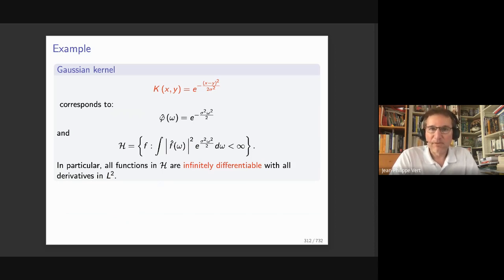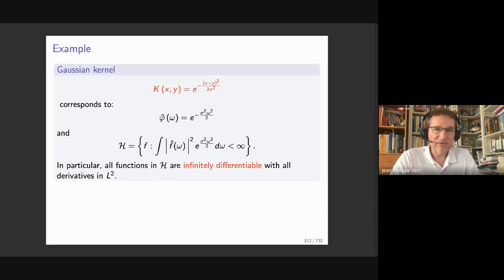All right, so phi hat of omega is positive, so phi of x is indeed the Fourier transform of a positive measure because a Gaussian is a positive function. And so this proves that K is a positive definite kernel. So we knew that already, but this is a new proof that the Gaussian kernel is positive definite.